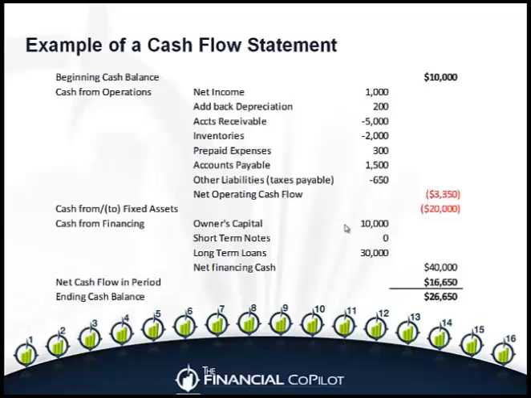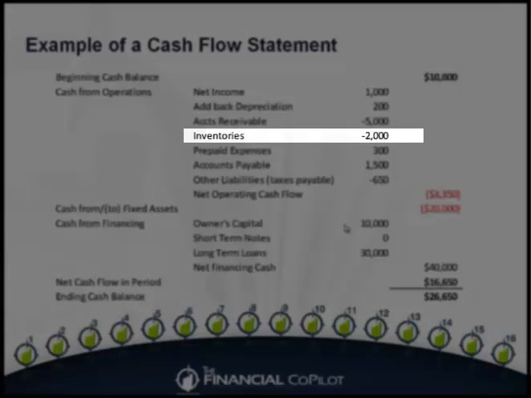Or rather, more accurately, the net effect of your collections was that you actually had customers owing you an excess of $5,000 over the previous period. So during this period, you actually had an accumulation of sales that didn't actually get collected versus losing it. So even though you're technically profitable, in this case, the monies that your customers owed you grew by $5,000. That's the way you interpret it. Okay.